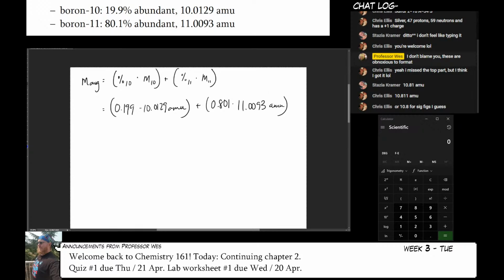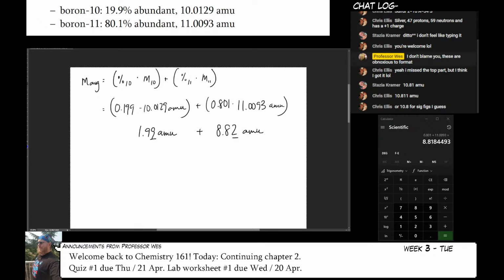We could do each of those independently so we get the right sig figs. So 0.199 times 10.0129, for 3 sig figs, I get 1.99 AMU. And then for this next one, which is also 3 sig figs, I get 8.82 AMU.